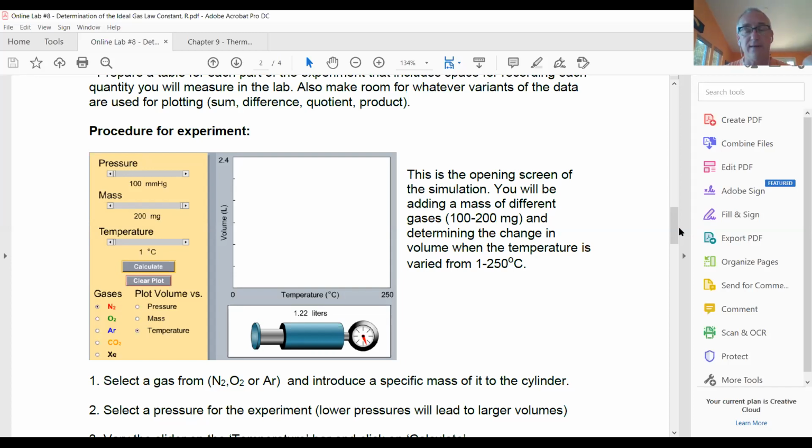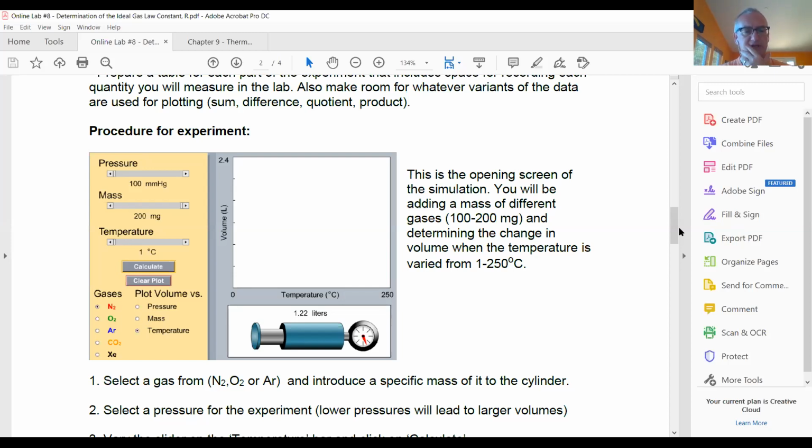Now, what the particular website, the simulation, will allow you to do is give you a plot, basically to show you how many points you've done so far, and show you what the relationship is.